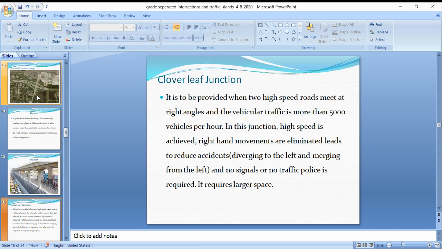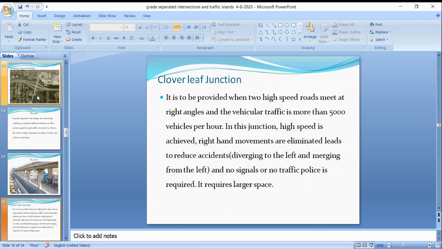We cannot see right turnings, only left turnings, because we are diverting the right-hand movement also to the left, diverging to the left and merging from the left. In this, no signals are there and no traffic police is required.